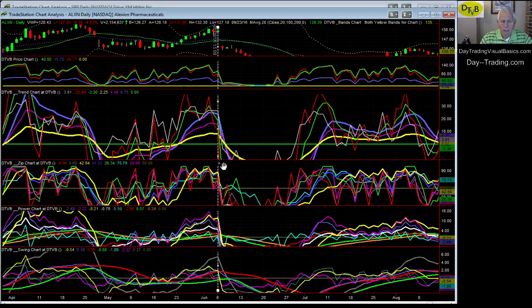The BOC lower pattern actually occurs 12 times inside of this gap down.